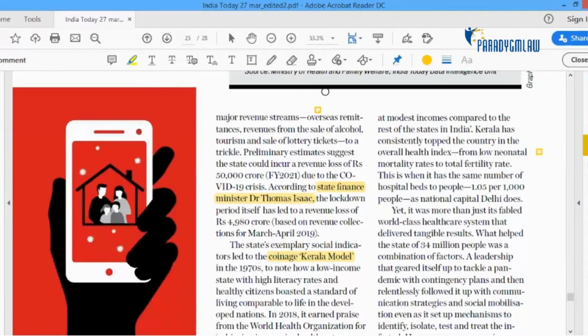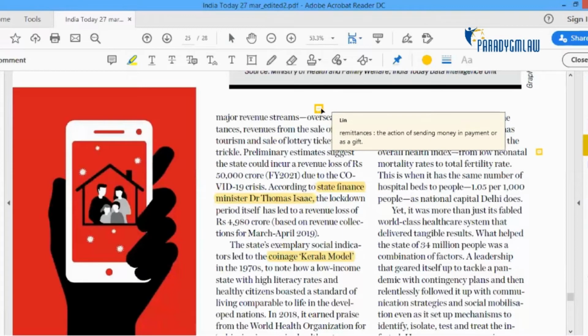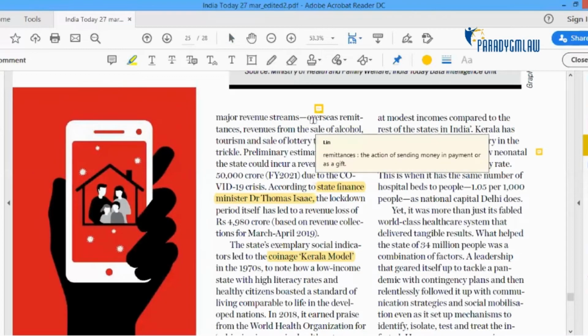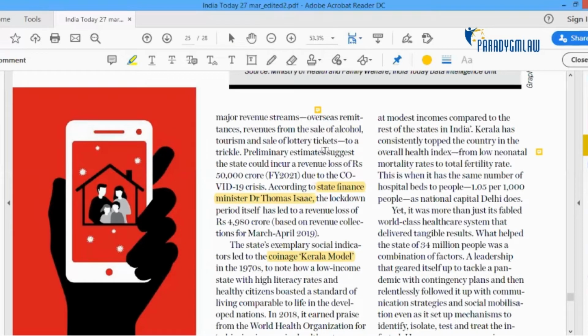For those of you who may be unclear about what overseas remittance is, it's the action of sending money in payment or as a gift. So typically, a lot of the population leaving Kerala would send back remittance over Western Union, other money transfer agencies.